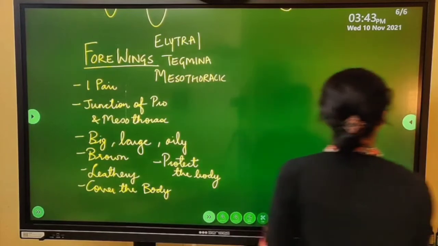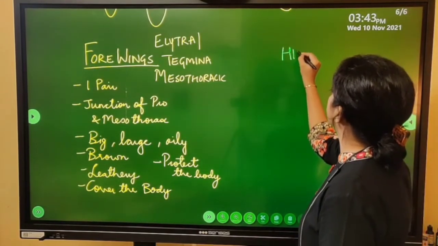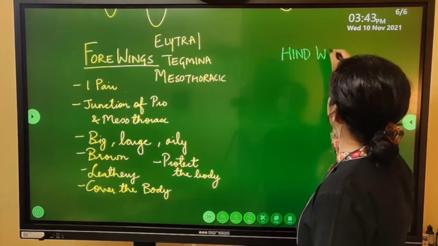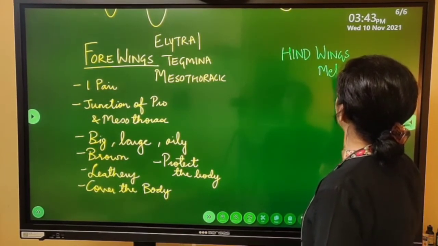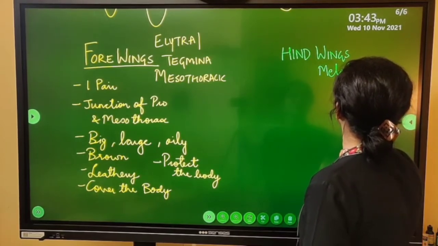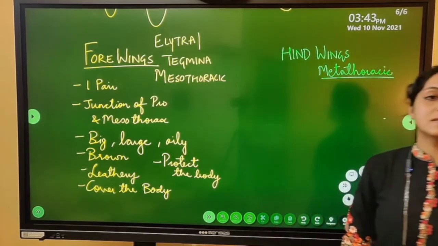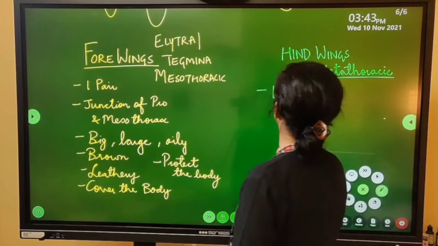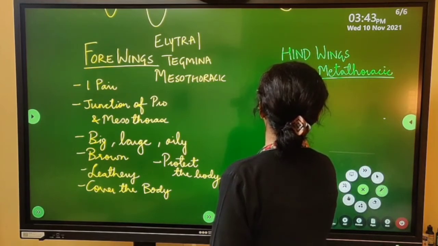Whereas if we see the hind wings now, they are also called metathoracic wings. They are again one pair, arising from the metathorax region.